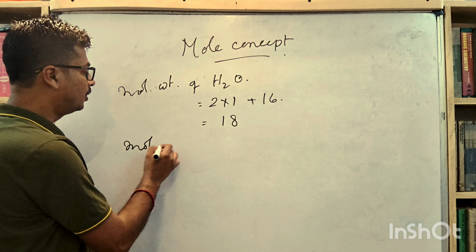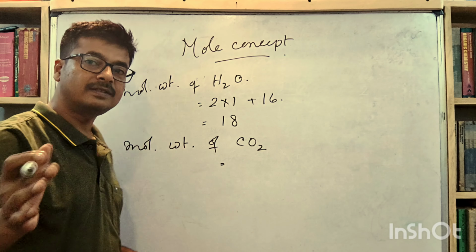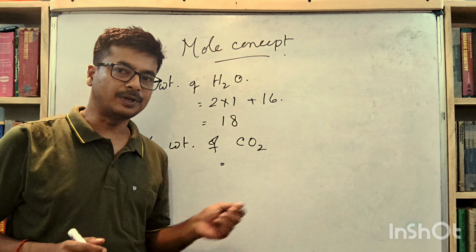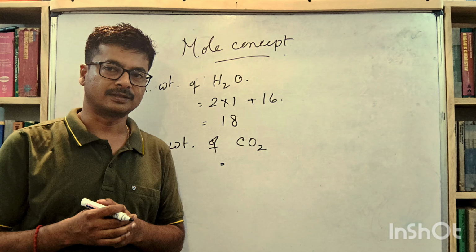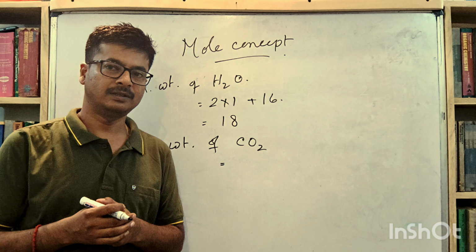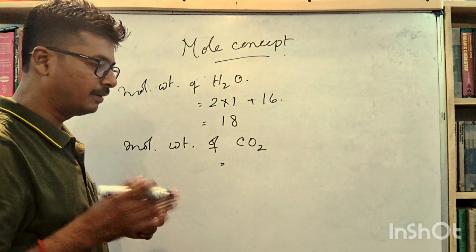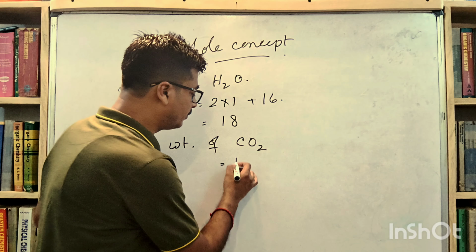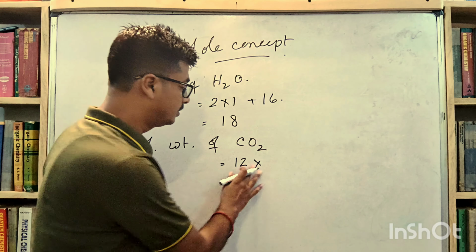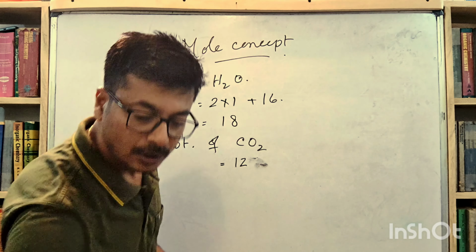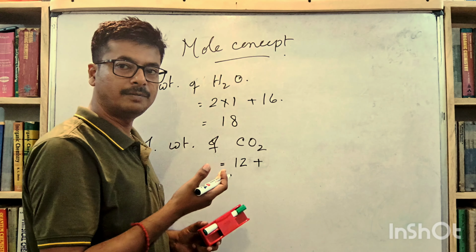Another example, molecular weight of CO2. Can you tell me what is the atomic weight of carbon? I am giving you 3 to 5 seconds to guess. Some of you may have given the correct answer. The atomic weight of carbon is 12. What is the atomic weight of oxygen? Already we have discussed.